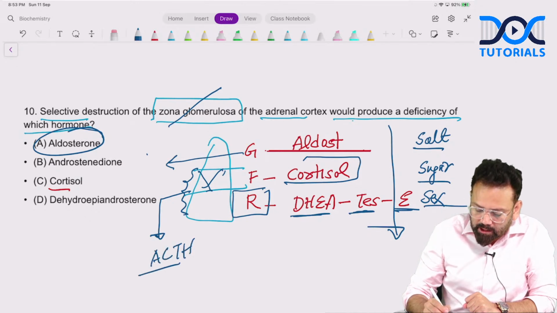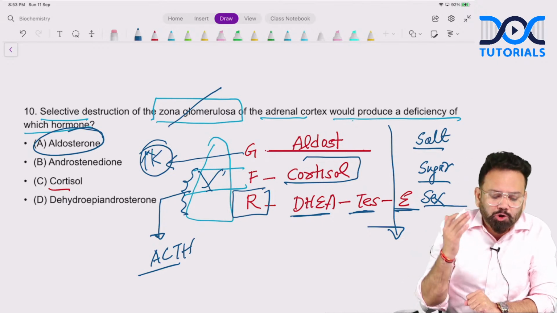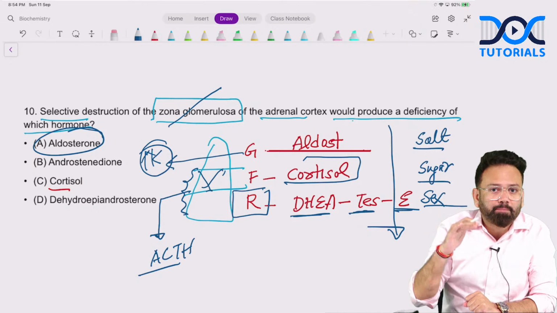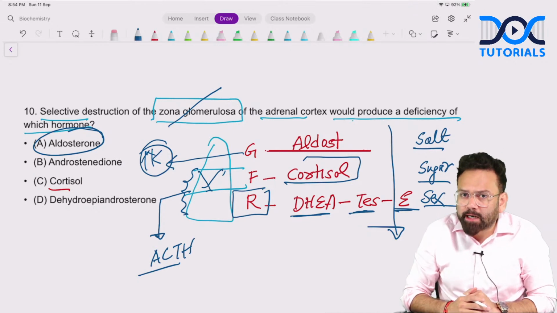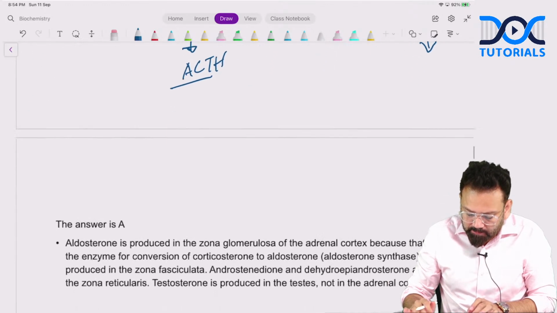But glomerulosa is controlled by hyperkalemia. Hyperkalemia will release more aldosterone because it will cause secretion of potassium, and potassium becomes normal. So, which is the most potent stimulant of aldosterone? Answer is hyperkalemia. Next question.